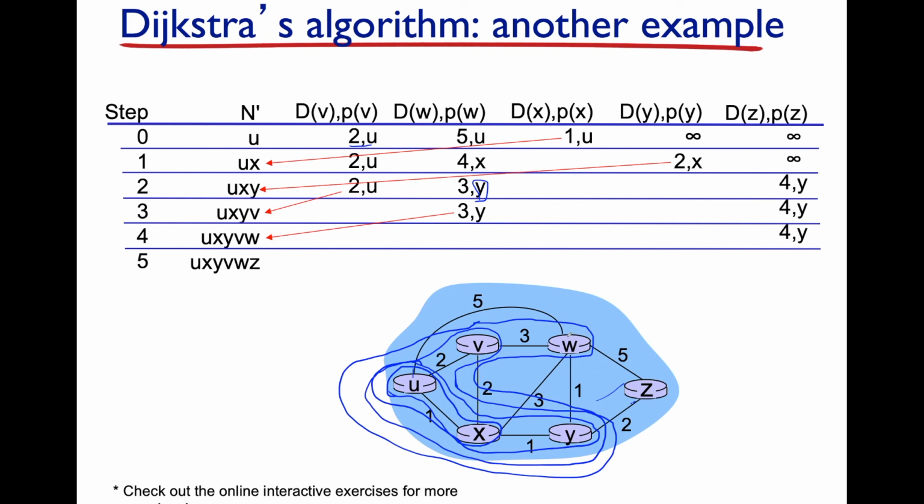So then we ask the question, is it cheaper to get from u to z? And at that juncture, the cost to get from u to z is 4 with predecessor y. So that means we're going to go from u here to x, so that's 1 plus 2 plus another 2 is 5... is 4. Is it cheaper to go indirectly through w?